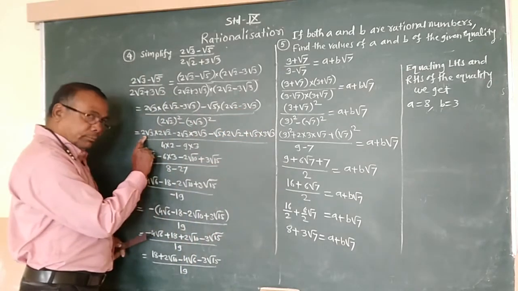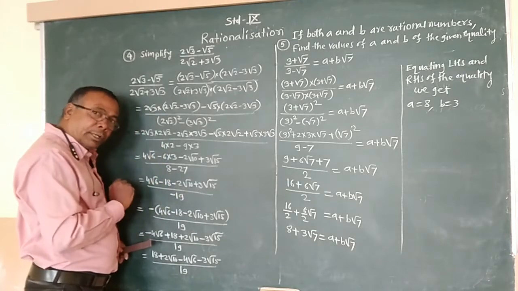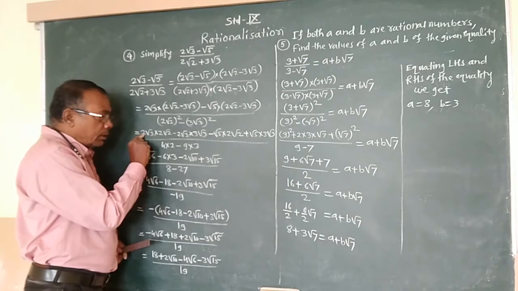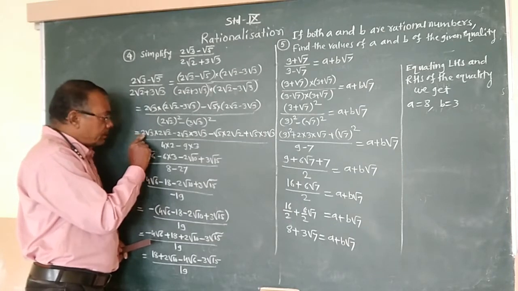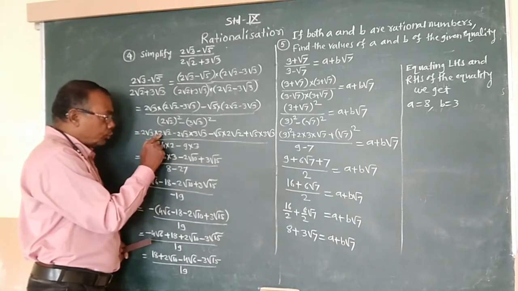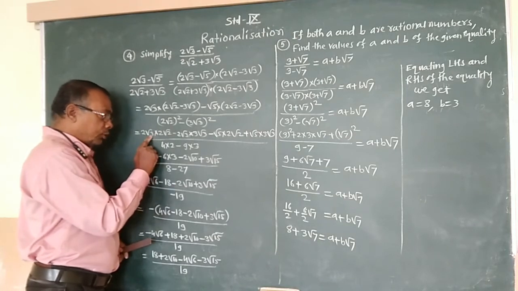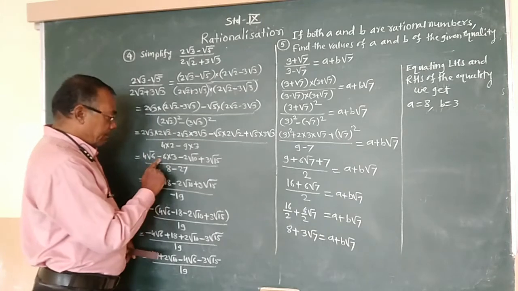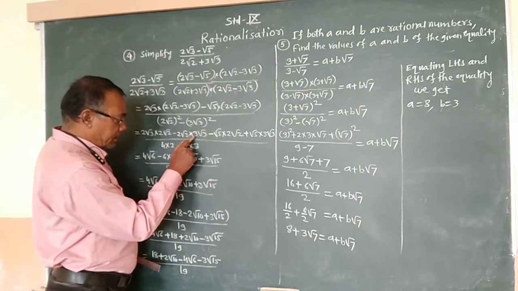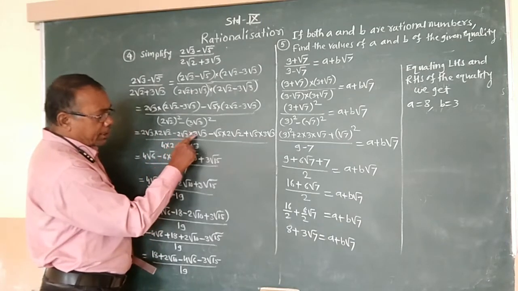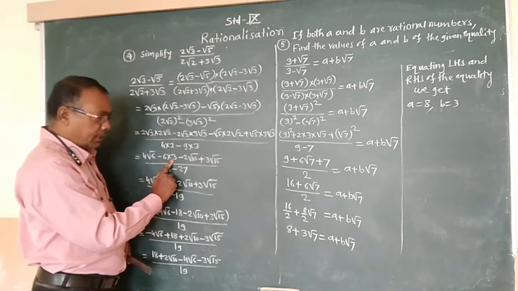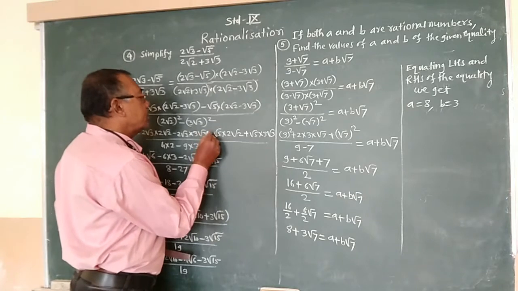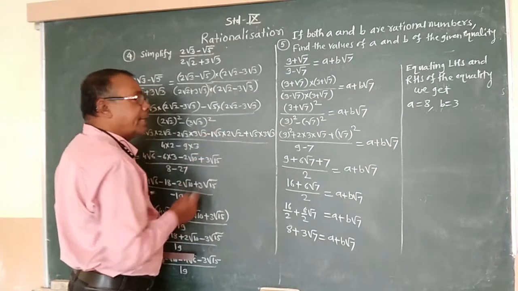Again, for multiplication of two irrational numbers, first of all we have to multiply the coefficients, means 2 and this 2. So 2 twos are 4, and root 3 into root 2 is root 6. 3 twos are 6 minus here 2 threes are 6 into root 3 into root 3, it will be 3, minus here the coefficient is not given, so I will take 1.